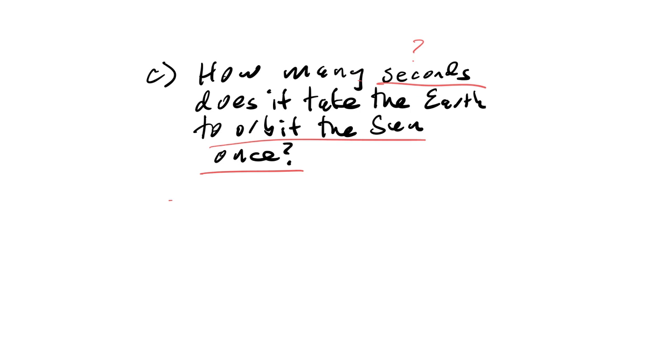The Earth goes around the sun once every year. So that's 1 year. That's my known term, the time it takes for the Earth to orbit the sun, so I'm going to start with that known term.